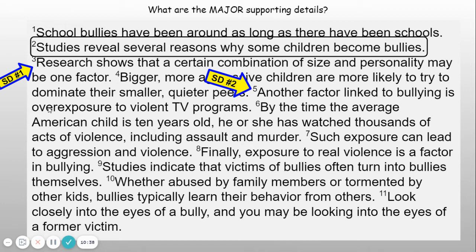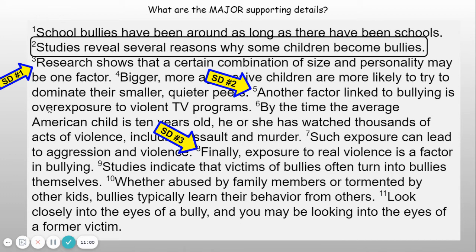And then sentence 6 and 7 go ahead and talk more about how kids watch TV, violent TV, or bullies have been linked to violent TV. And then the last major details, I'm looking at sentence 8. Finally, exposure to real violence is a factor in bullying.